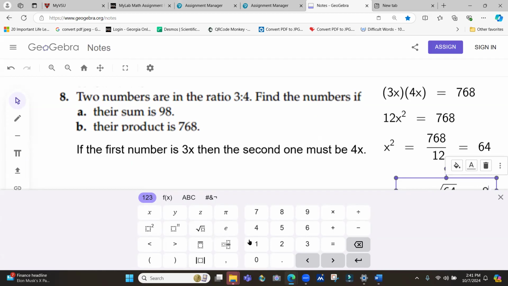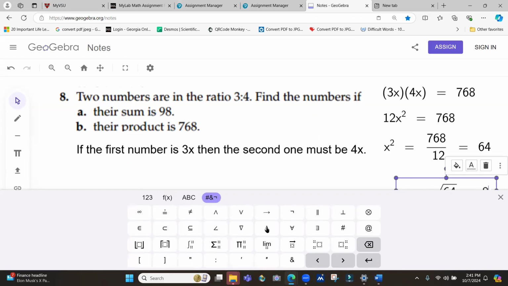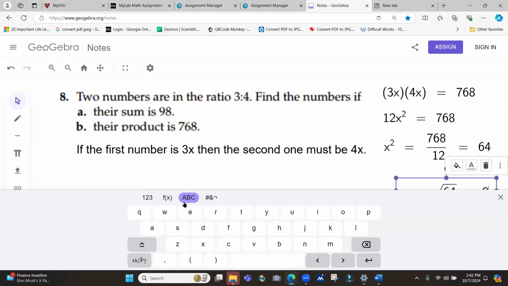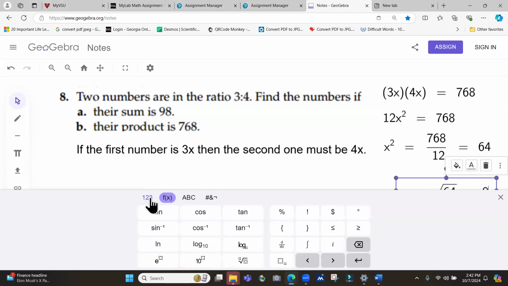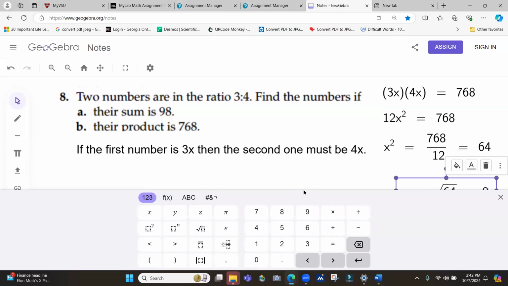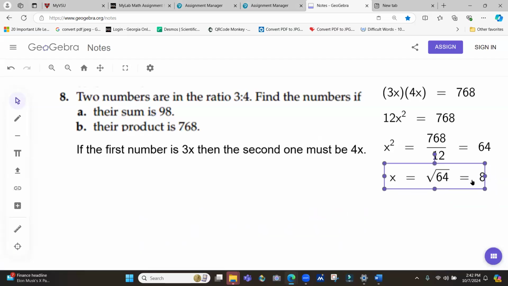I'm just going to write 8, and I hope there is a way you can do plus minus here. So remember, guys, when you find the square root of a number, it could be plus, it could be minus. There's no easy way of writing plus minus 8. That's okay.